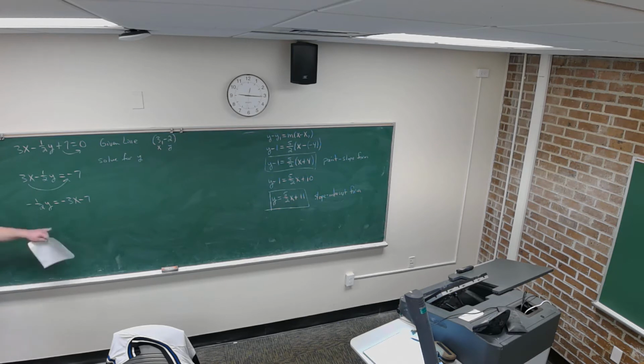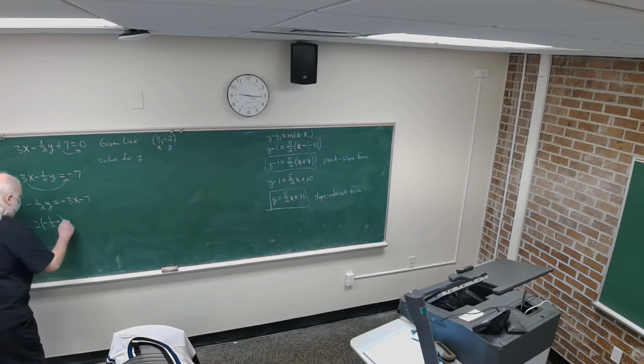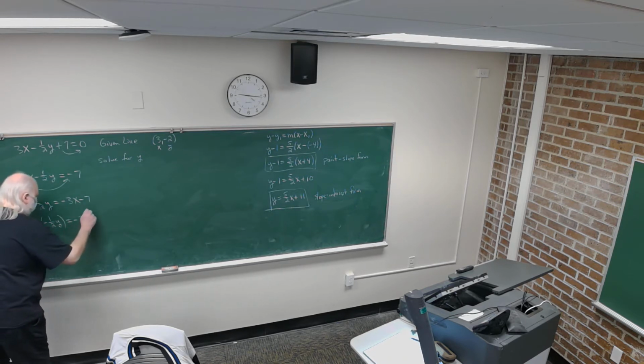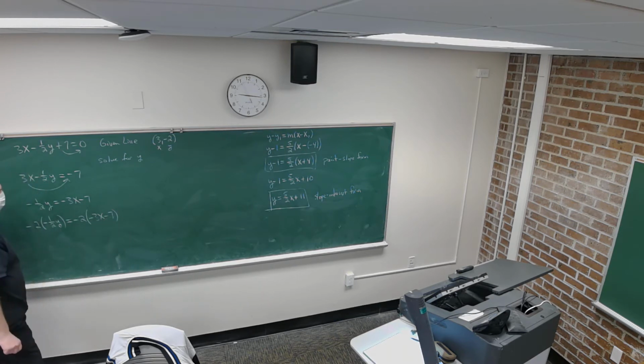Now you could divide both sides by minus 1/2, but that makes life difficult. Minus 2 times minus 1/2 is 1. So we'll multiply by minus 2: minus 2 times minus 1/2 y is equal to minus 2 times (minus 3x minus 7).